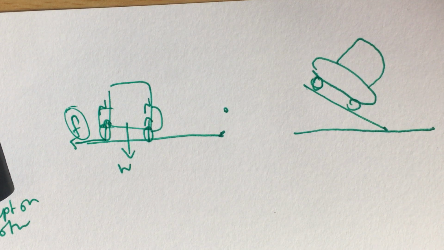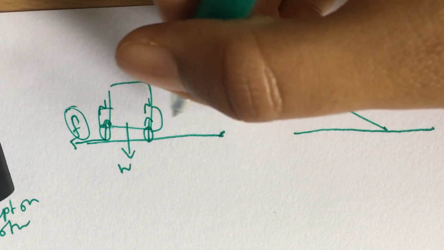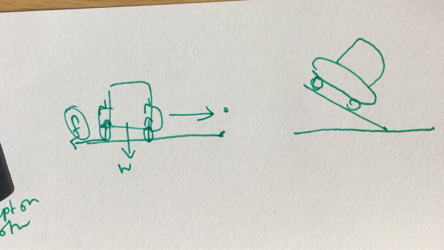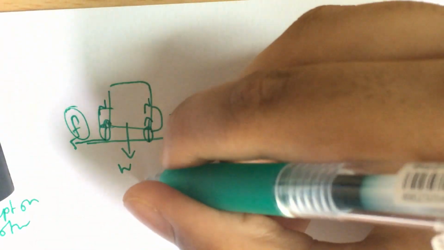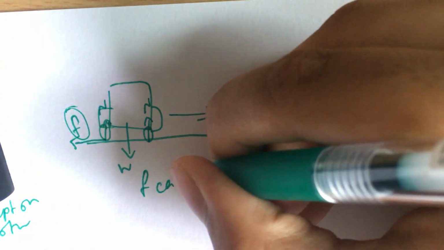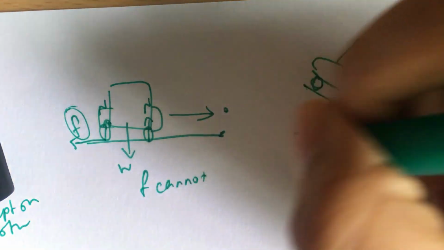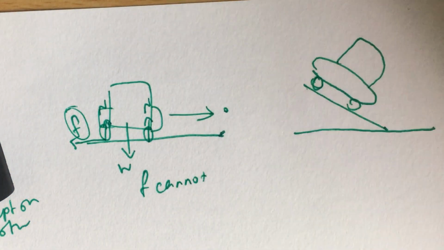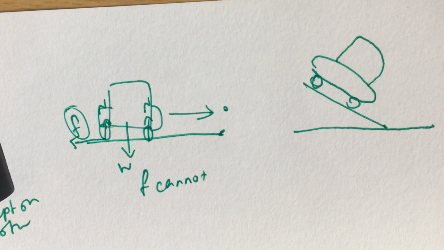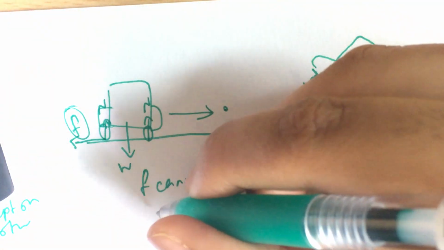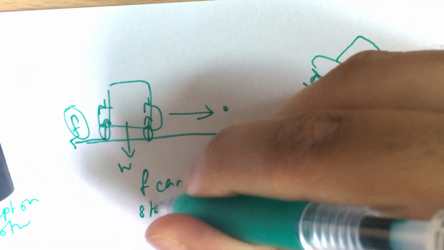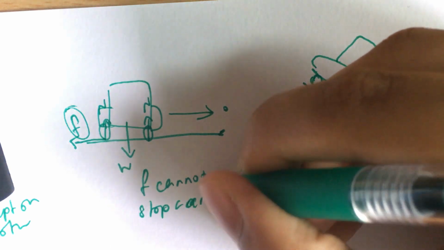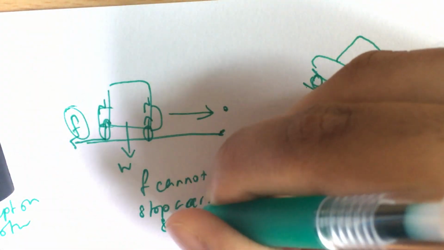But in the scenario of it moving very fast, the speed can be so great that the friction cannot handle the car. It's like the normal force being zero. It has to balance out the centripetal force. Otherwise, the car will end up skidding, or it may go this way or that way or some other way.